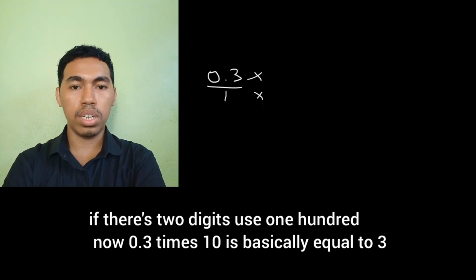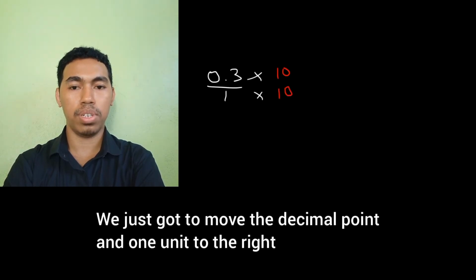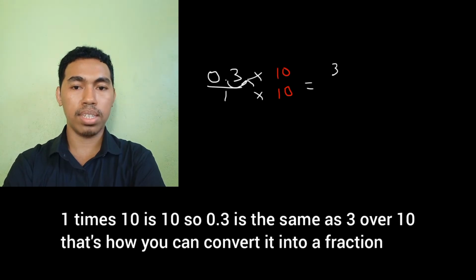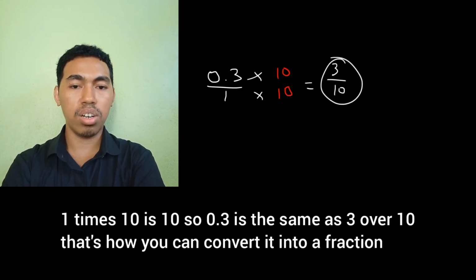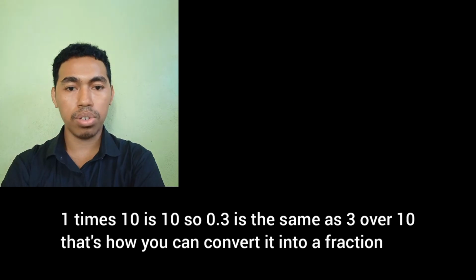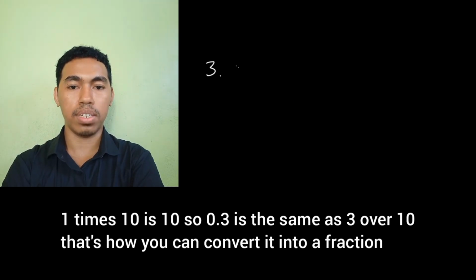Now, 0.3 times 10 is basically equal to 3. You just got to move the decimal point 1 unit to the right. 1 times 10 is 10. So, 0.3 is the same as 3 over 10. That's how you can convert it into a fraction.